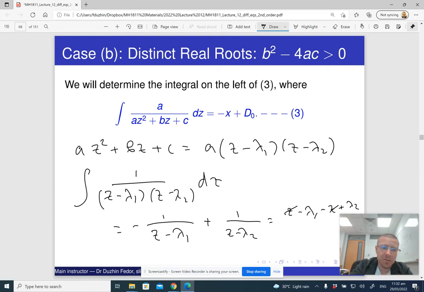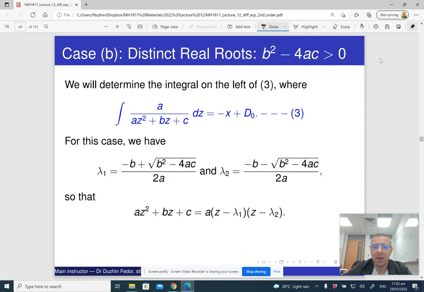So I need to divide by, so basically I need to divide this thing by 1 over lambda 2 minus lambda 1. All right, and then I'm going to integrate these two forms separately. And this is how I'm going to get a sum of logarithms, right?